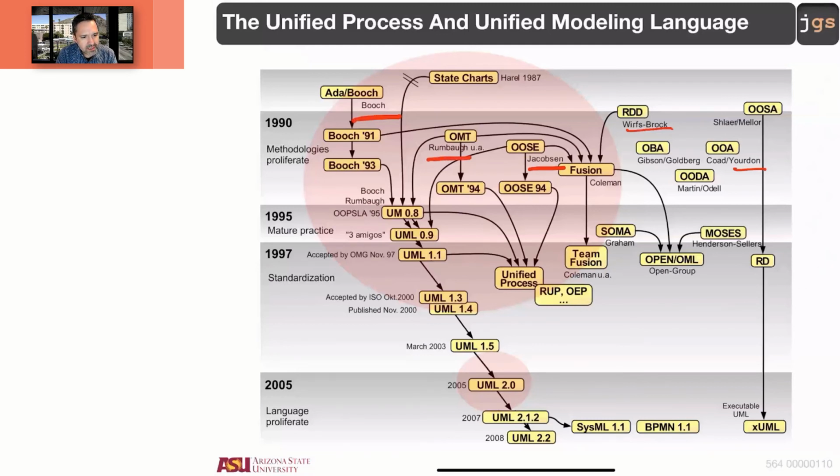Hopefully you know at least three of the five names that I highlight. Hopefully you have read books from one or two of them. Several different people were working around the representation of classes and relationships.